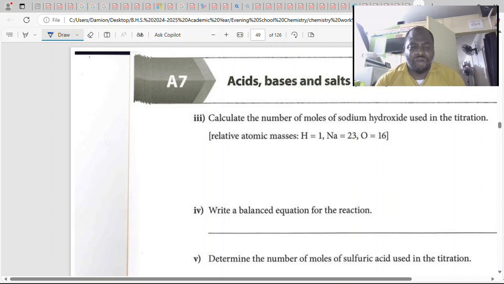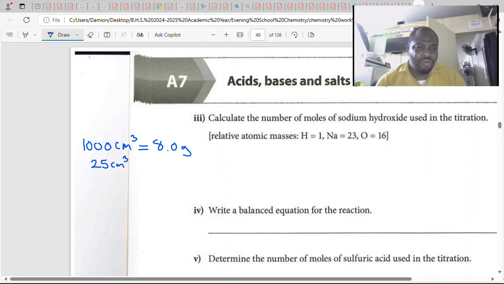So as I said before, this is what I know. In my 1000 centimeter cube, because that's what concentration means, how much is in 1000 centimeter cube, or how much is in 1 dm cube, and that was 8.0 grams. And so I can find out how many grams are now in the 25 centimeter cube.